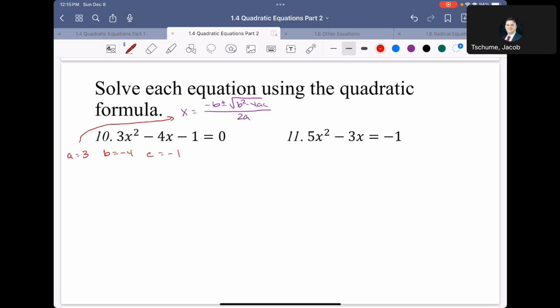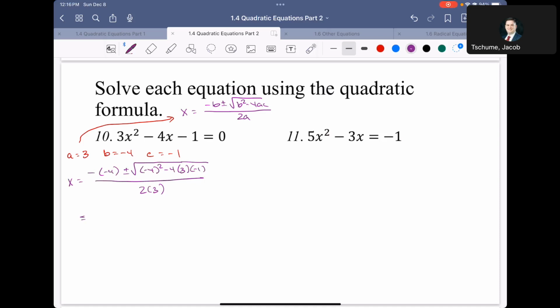Take these three numbers and let's plug them into our quadratic formula. So we will have x equals -b, so that's negative of a -4, plus or minus the square root of b squared minus 4 times a times c, all divided by 2 times a.